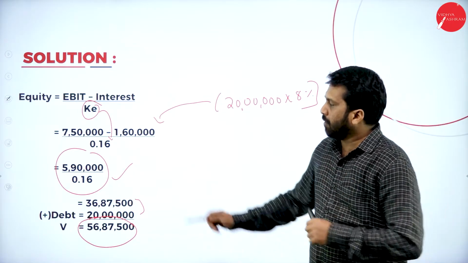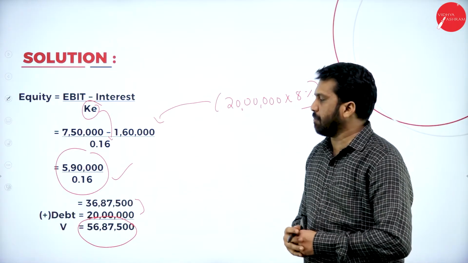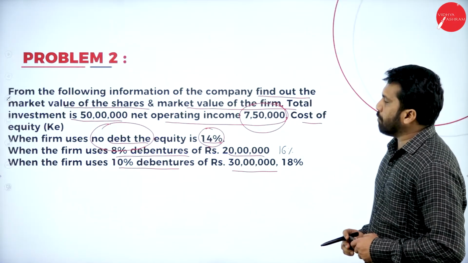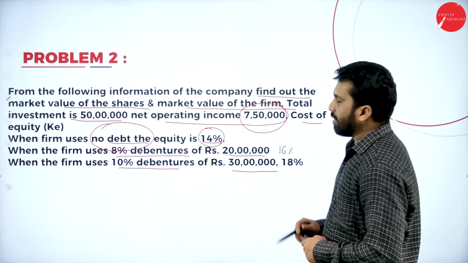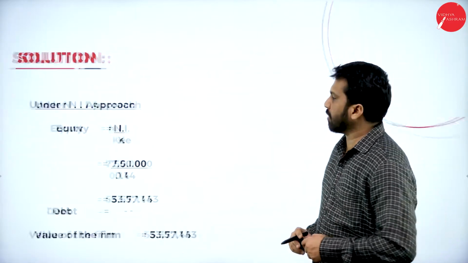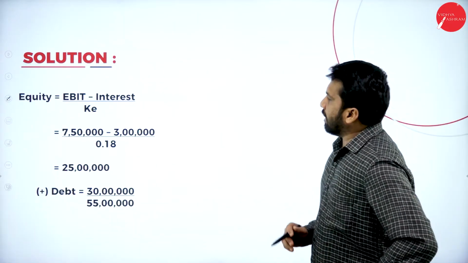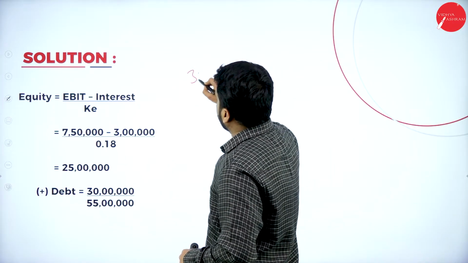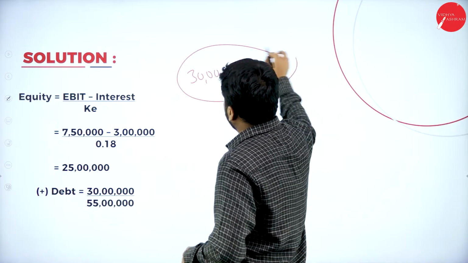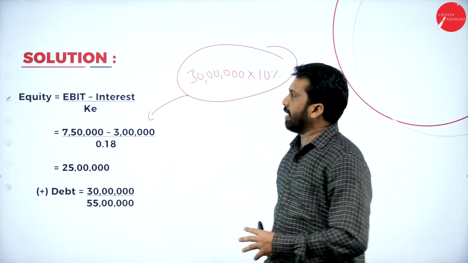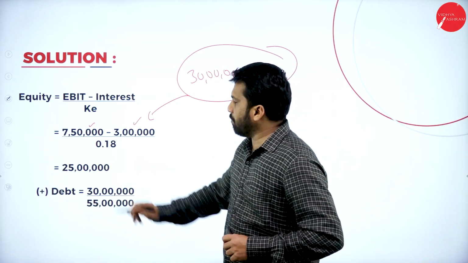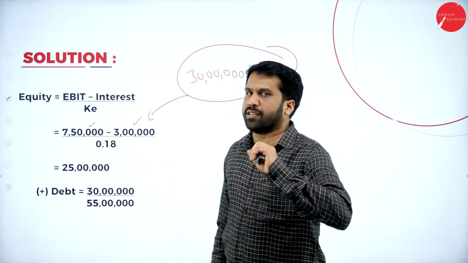What is the value of the firm? Find out the value of equity, add debenture, and you will get the value of the firm. Now the third one: 10% debenture and 18% equity. What is the debenture value? 30 lakh. 10% debenture means 30 lakh into 10%, you get 3 lakh as interest. EBIT is 7,50,000 minus 3 lakh, which is 4,50,000.